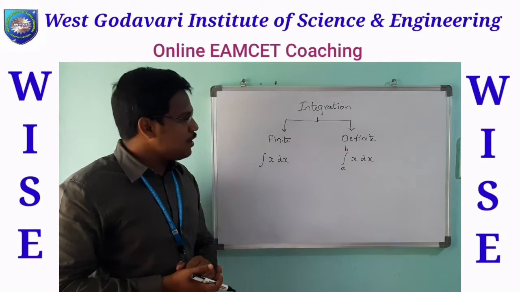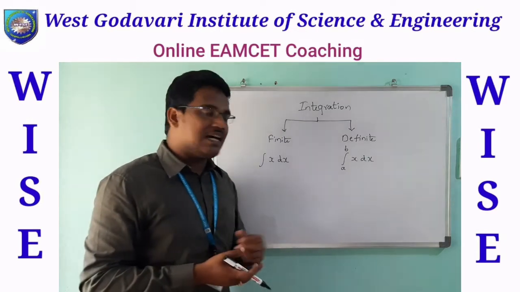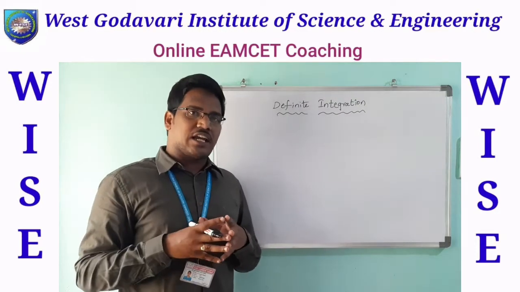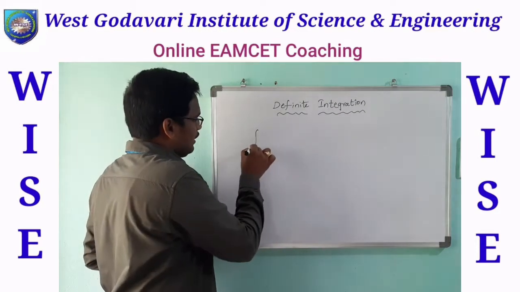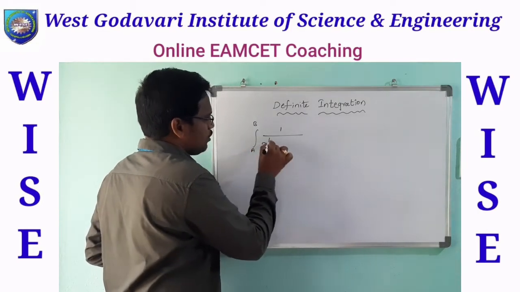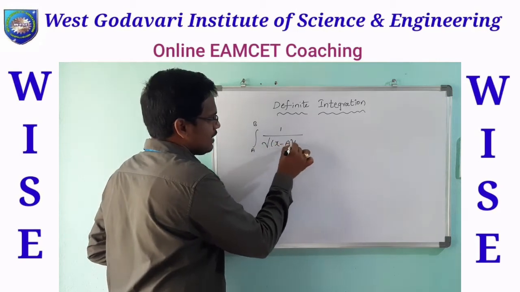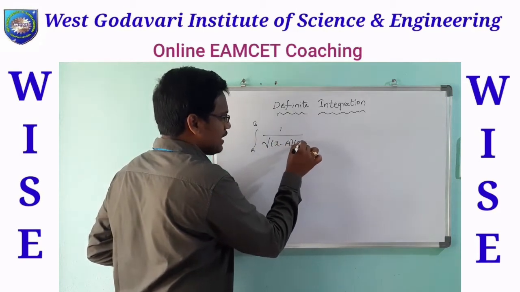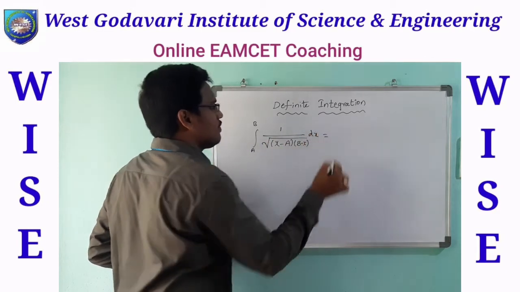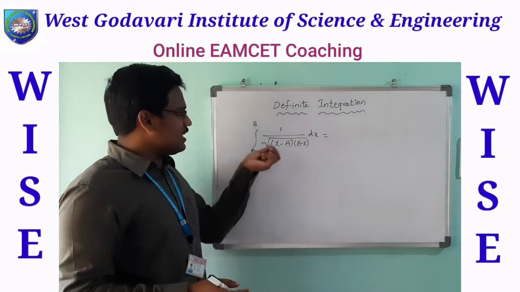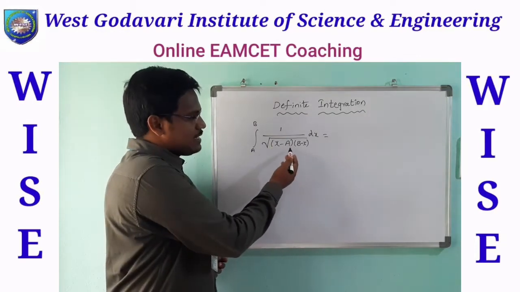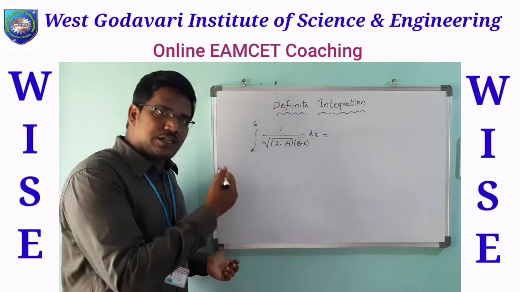Now today I am going to explain some shortcut methods regarding this definite integral form. Let us see. Suppose the given integral is in the form of integral a to b 1 by square root of x minus a into b minus x dx, the rational form, with numerator terms and denominator terms.